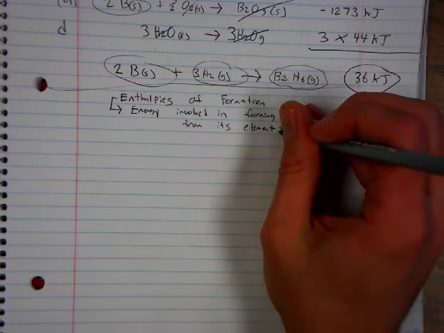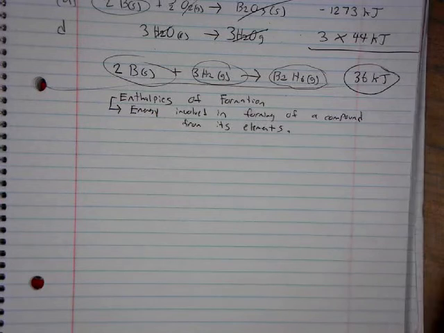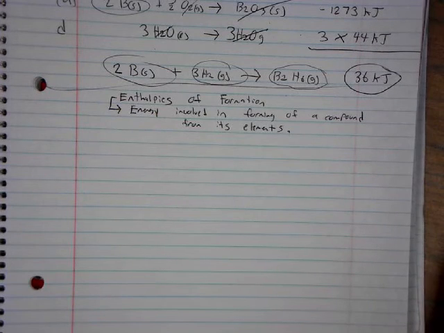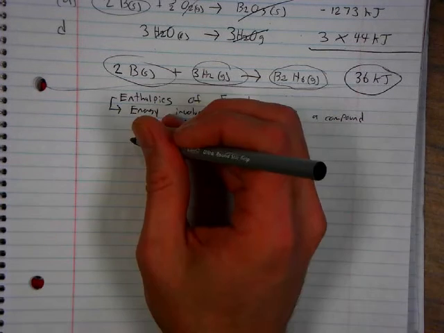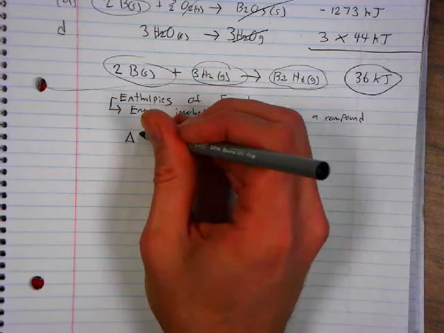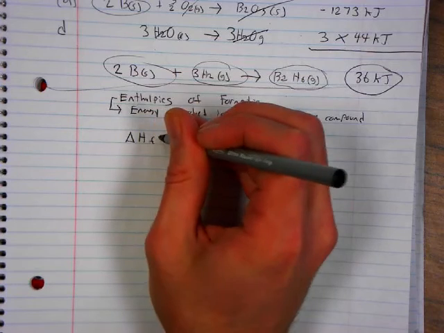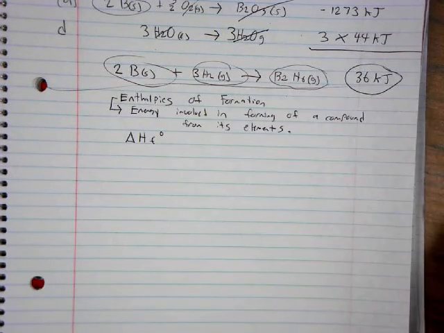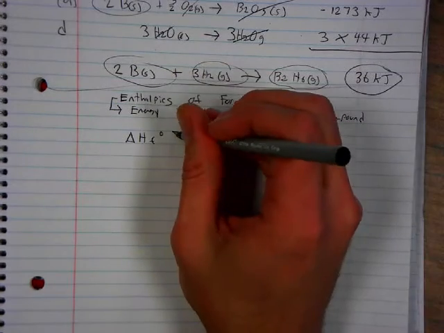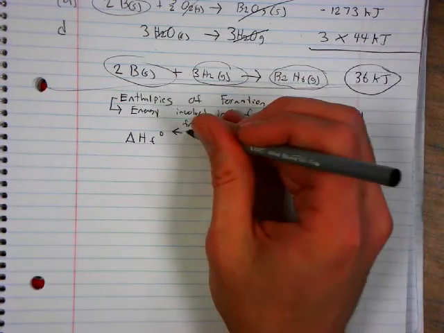The energy involved in the forming of a compound, I should say, from its elements. Would that be a possessive its? It apostrophe s? From its elements. Yes, it is a possessive, but you wouldn't put an apostrophe, because the apostrophe only goes in contractions. Okay, thank you.